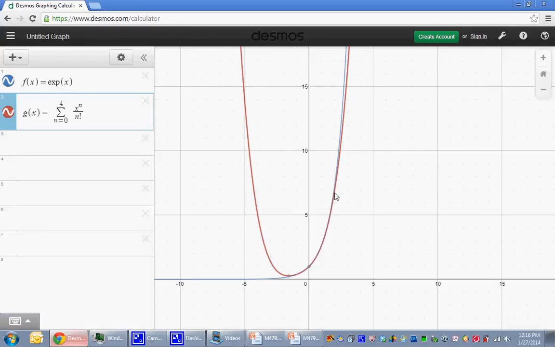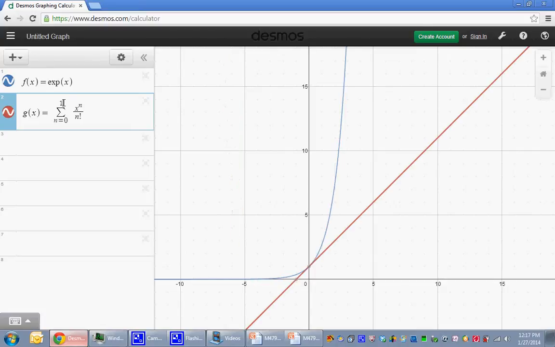And for a little while, it seems like they overlap pretty good, and then they start to veer off as we get away from x equals 0, as we get away from the center. And as these powers of x get larger, so 5, then 6, then 7, you can see these approximations are getting better and better and better.